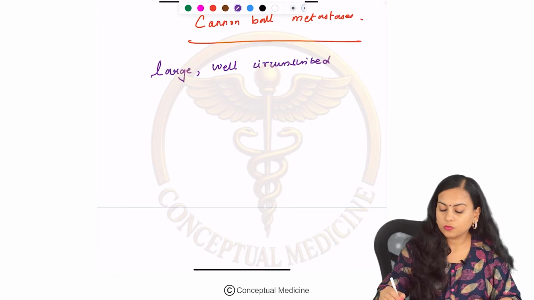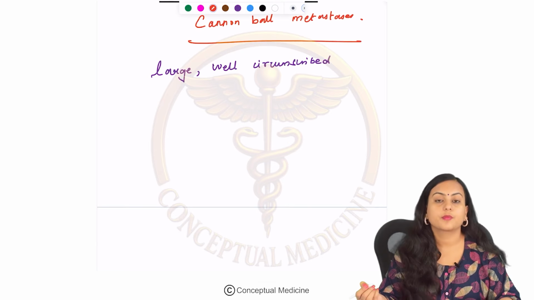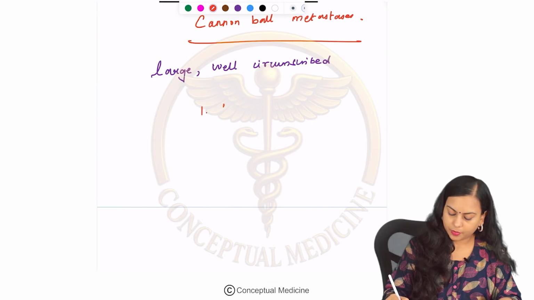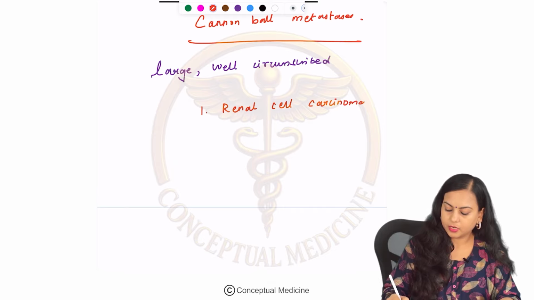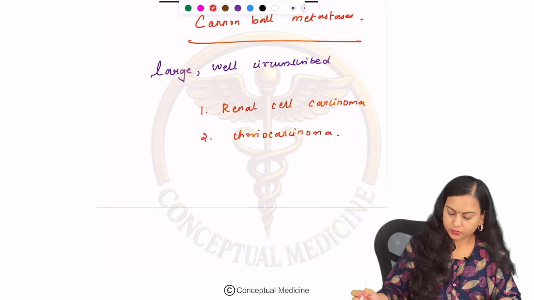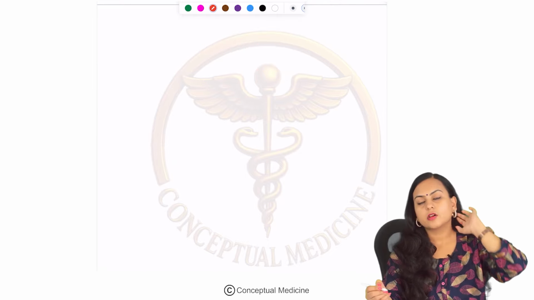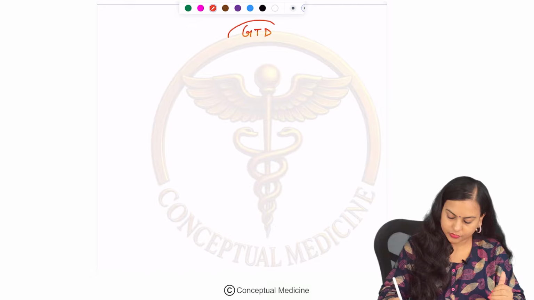The two important causes for these kind of pulmonary metastasis are, number one, renal cell carcinoma, and number two, choriocarcinoma.